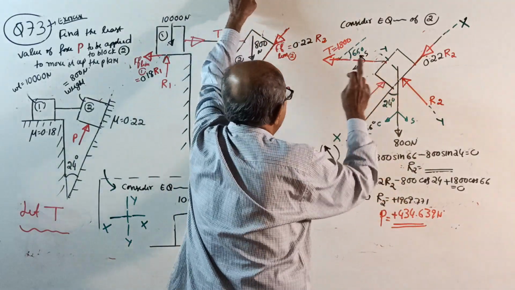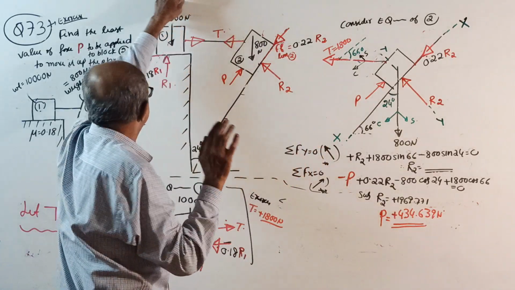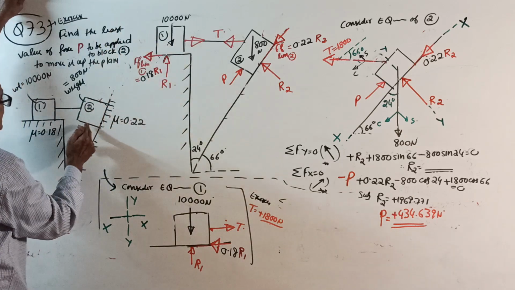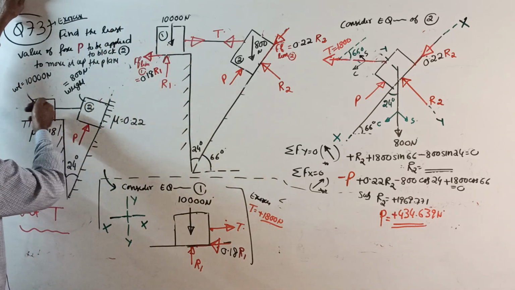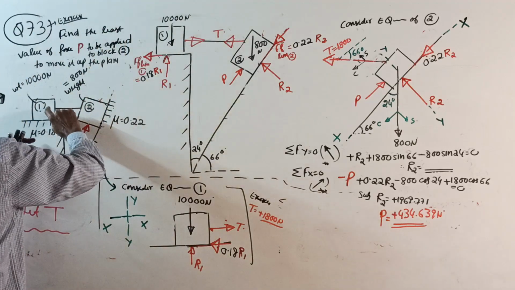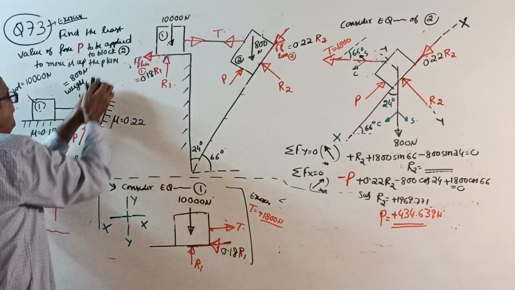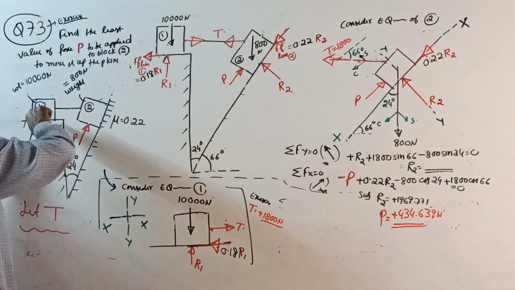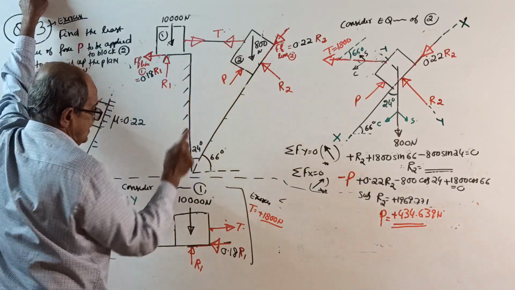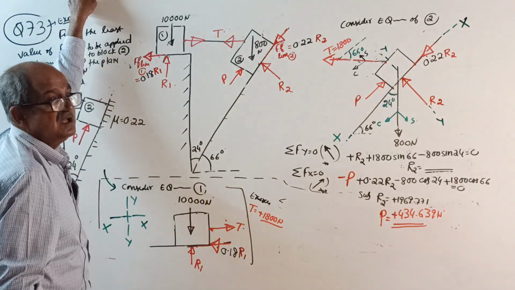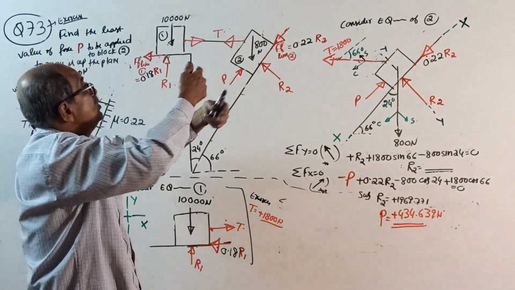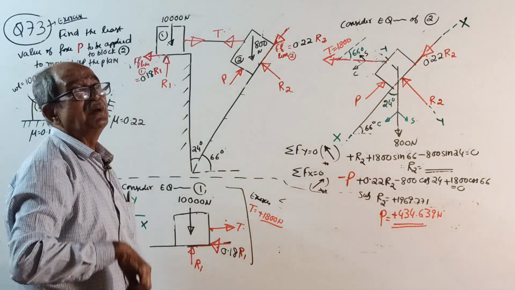When this is a very heavy weight and it moves this way, it has to pull this one this way. That pull means it will come this way. So this tension T, we got 1800. Now because of this 1800 tension, this block will topple. It will overturn. It is not stable.